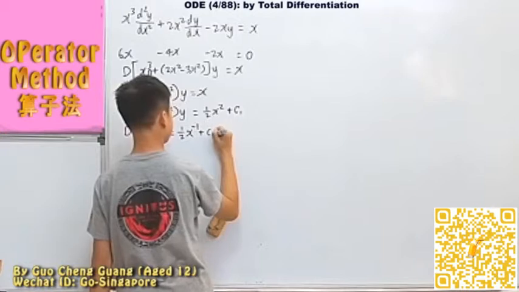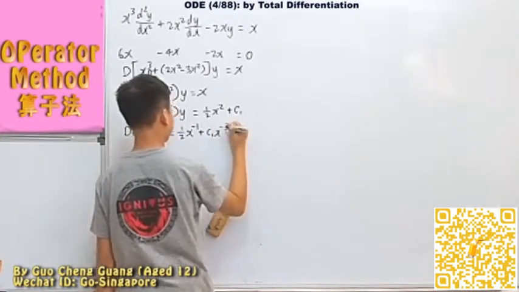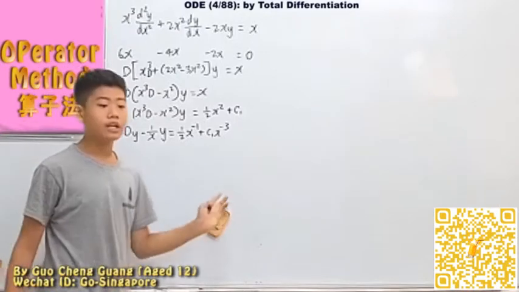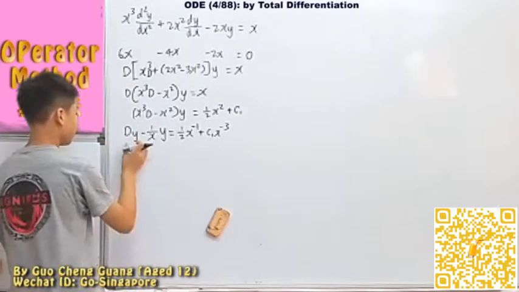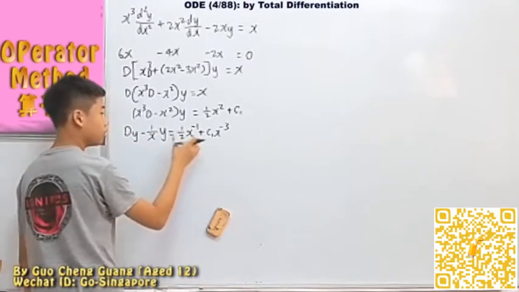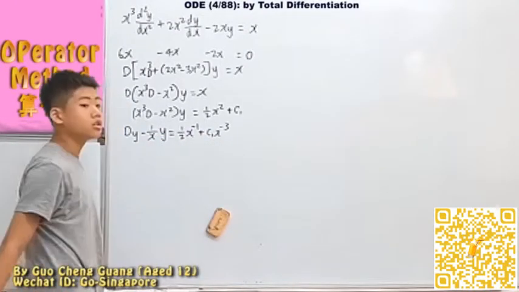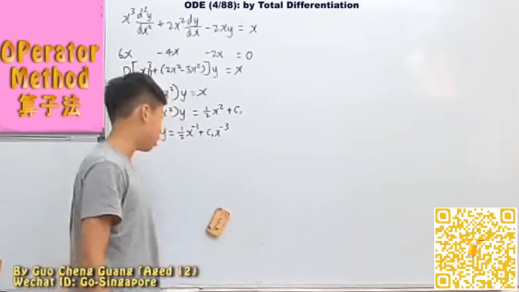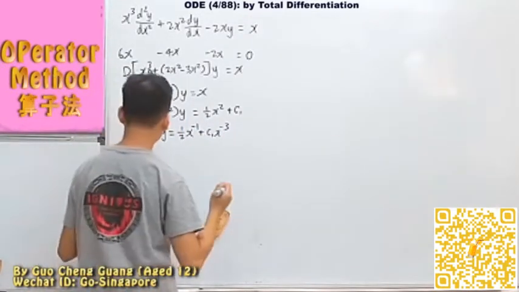After that you add c1 x to the power of negative 3, like this. What do you think of when you get this form? First derivative, function of x times y, another function of x. So of course, you will need to think of those methods that we have learned before.